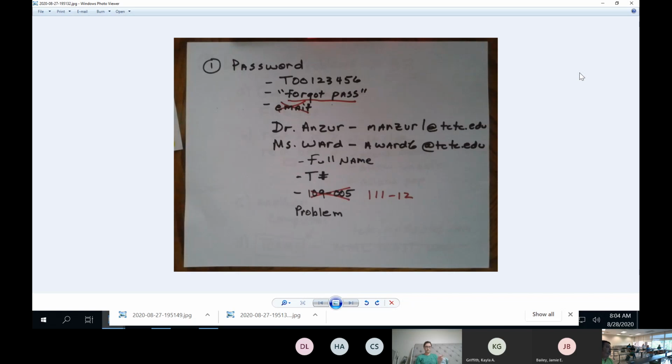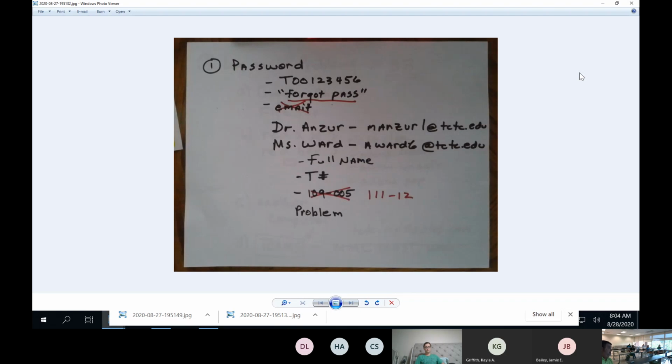Make sure you include your full name, your T number, this course is called Math 120-24, and the problem, and tell them I've sent in forgot your password, and I never did get an email back.